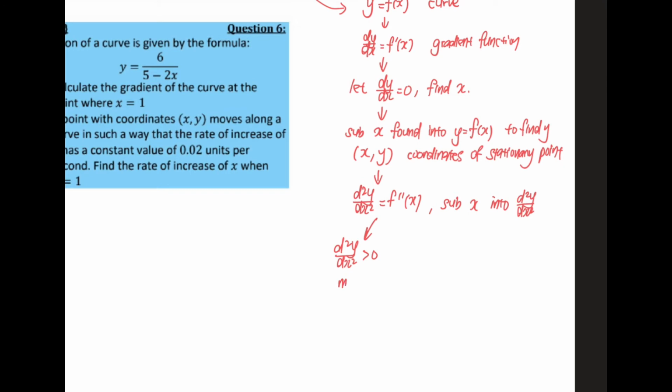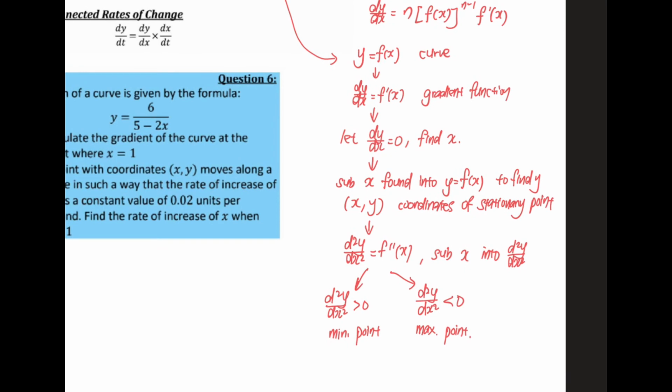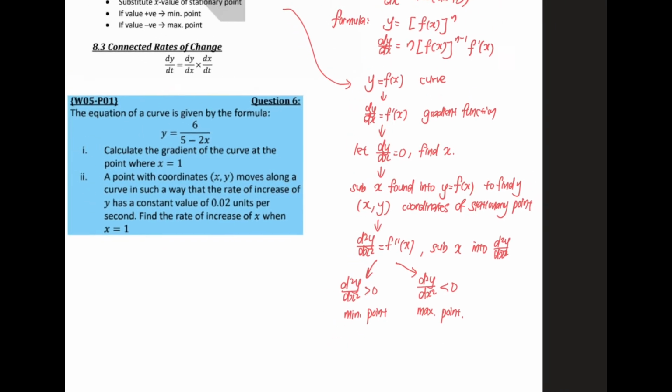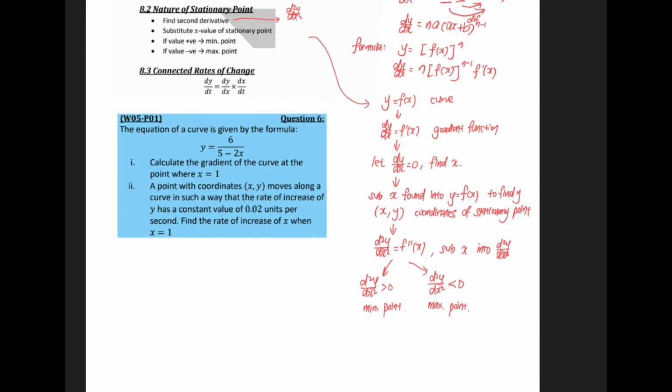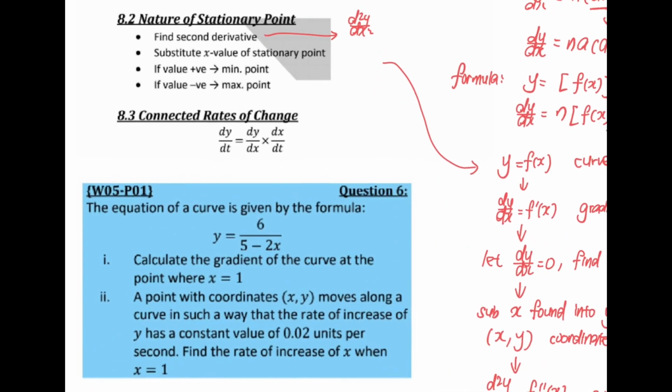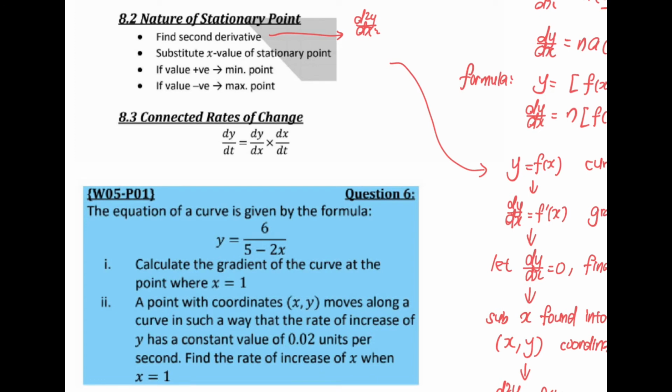If your d2y/dx2 is more than 0, then it is a minimum point. But if your d2y/dx2 is less than 0, then it is a maximum point. So that is the whole process of finding maximum and minimum points.